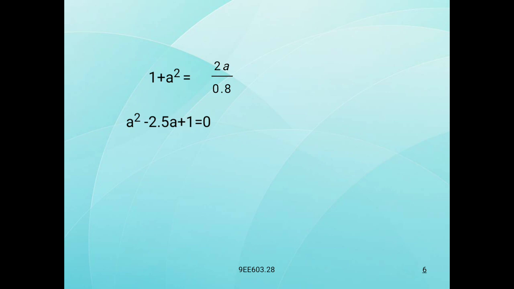That means here we could write the quadratic equation A square minus 2.5A plus 1. So A is equal to minus B plus or minus under root of B square minus 4AC by 2A.